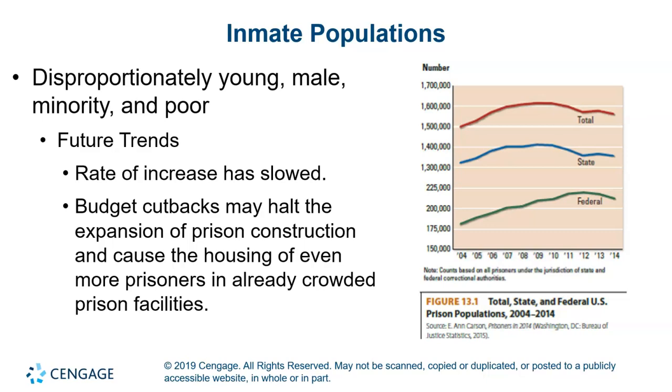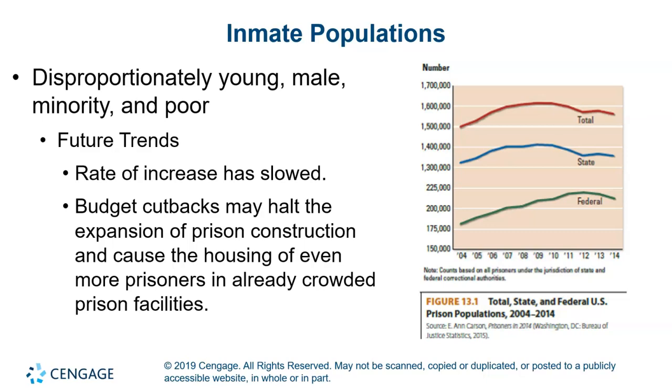These problems have helped keep recidivism rates high. Remember the reoffending. And correctional officials have been searching for answers to this ongoing problem. We also know that budget cutbacks have halted the expansion of prison construction and caused the housing of even more prisoners in already crowded prison facilities.